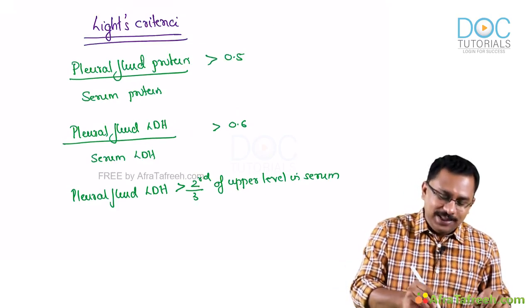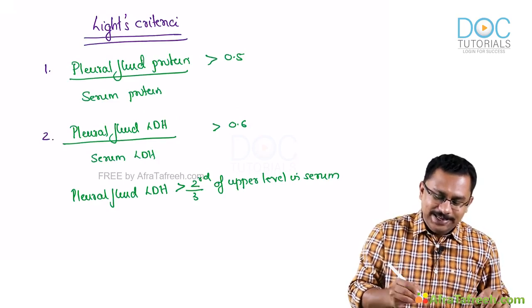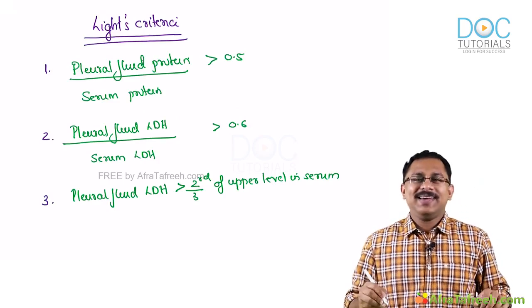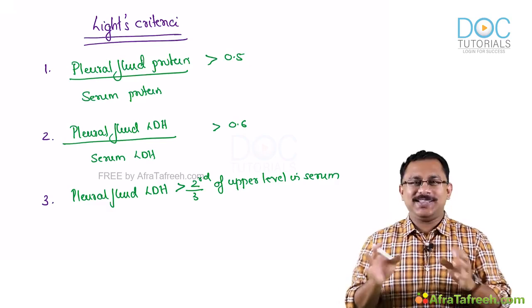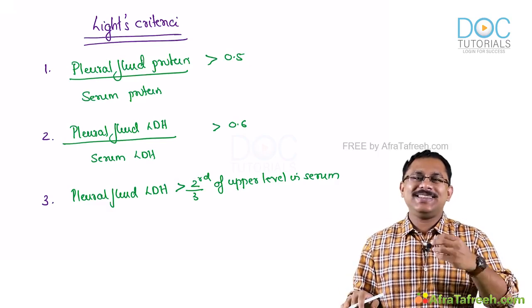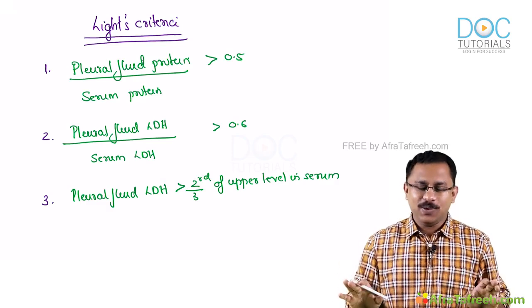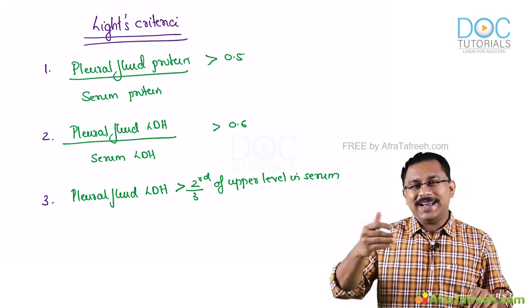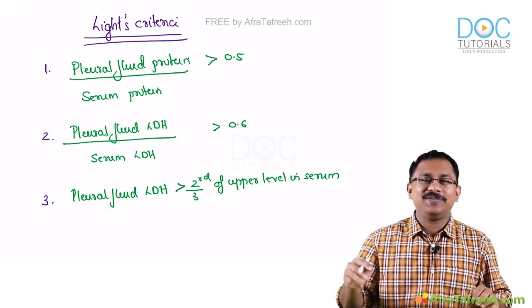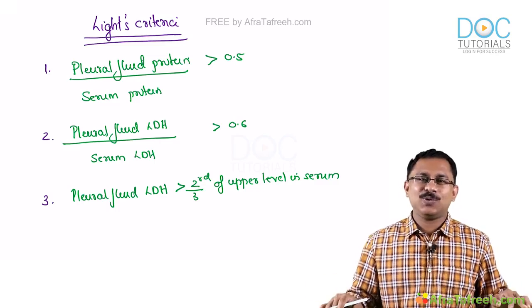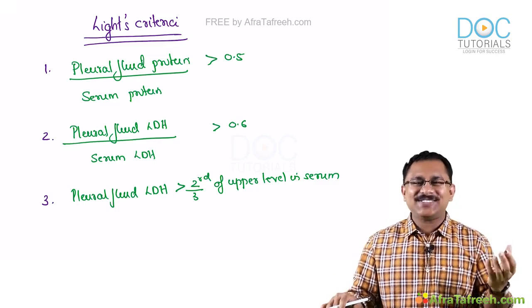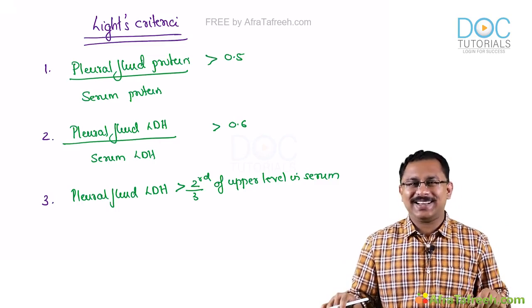So you have three parameters in this Light's criteria, and if any of these is positive, you say that this is an exudative effusion, just any one. But to call it a transudative effusion, none of these should be true. So there is some bias for an exudative effusion, correct?